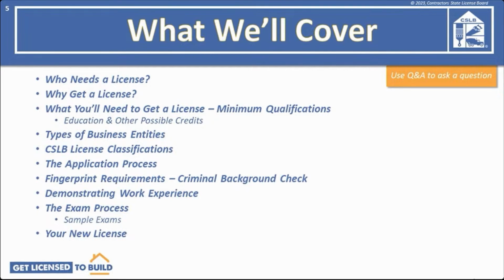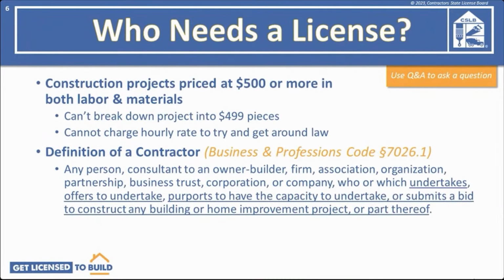We will spend a lot of time giving you tips on how to fill out your applications, including how to demonstrate your work experience to meet the minimum qualifications, and fingerprint requirements for a criminal background check. We will help you get ready for the exam or exams you'll need to pass in order to get your license. And finally, the other things you'll need to have in place before your license is issued, things like bond and insurance.